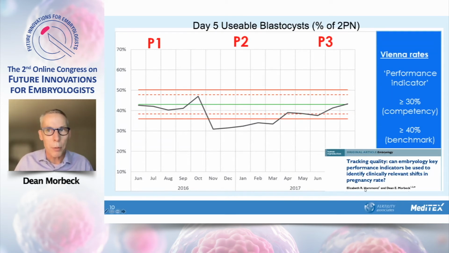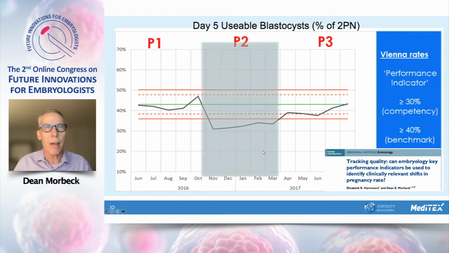This is again from the paper by Elizabeth Hammond and myself, where we saw that during a 5-month period here, called period 2, the day 5 usable blastocyst rate shifted. We were able to analyze this easily because it's all within the electronic medical record and exportable.